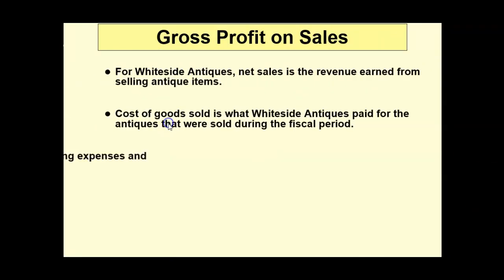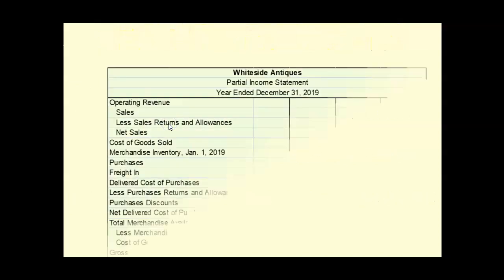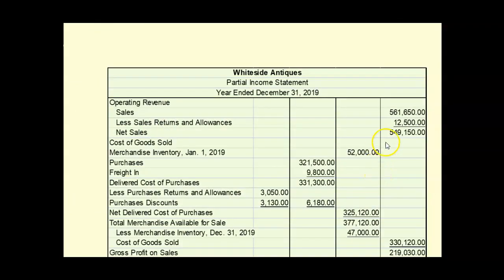The difference between the actual amount that we sold the items for, net sales, minus our cost of goods sold, gives us our gross profit on sales. Again, net sales less cost of goods sold equals your gross profit on sales.